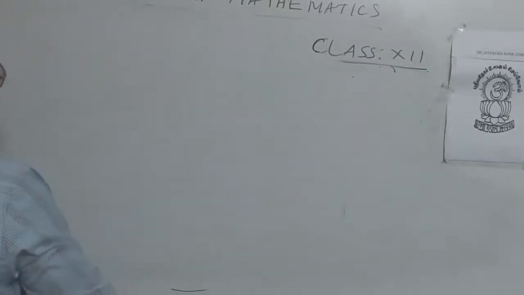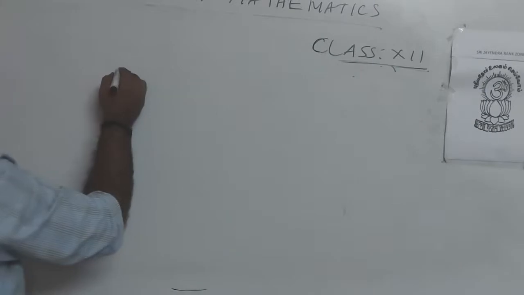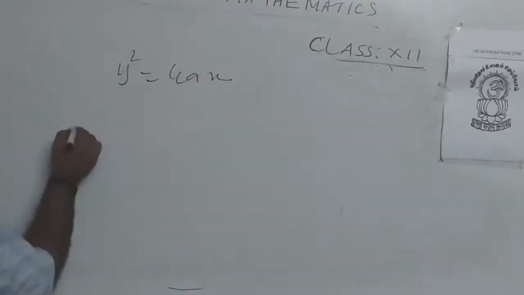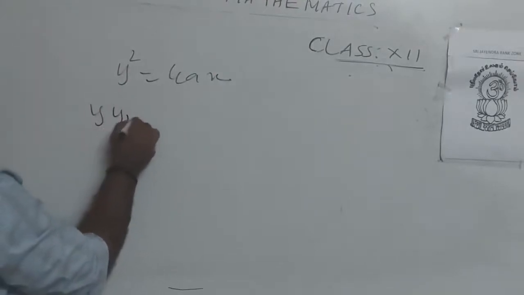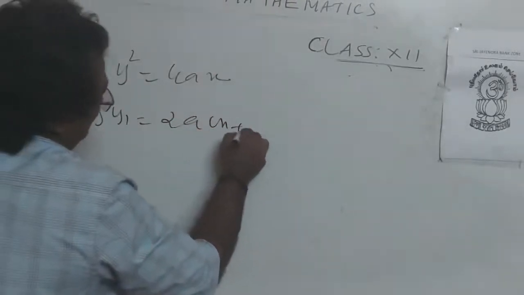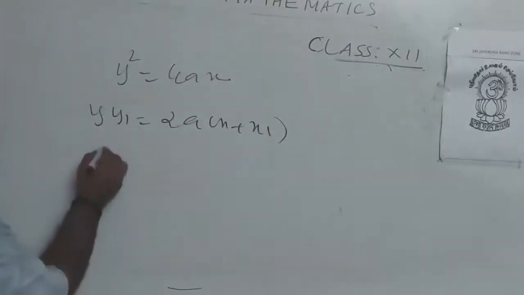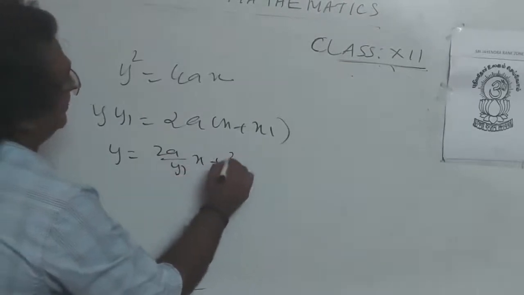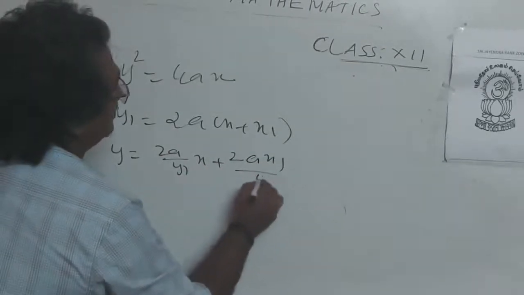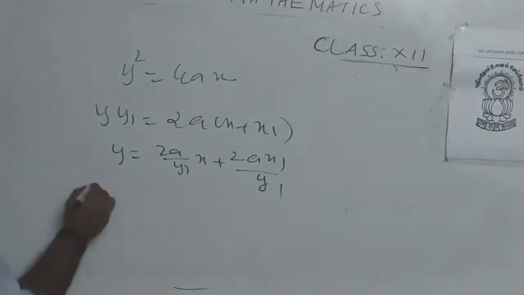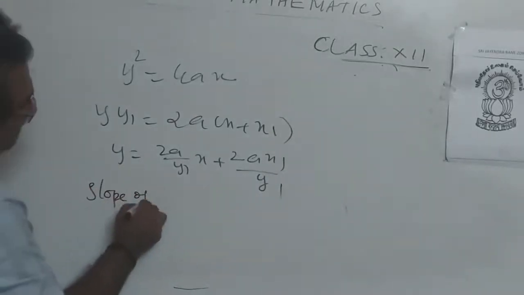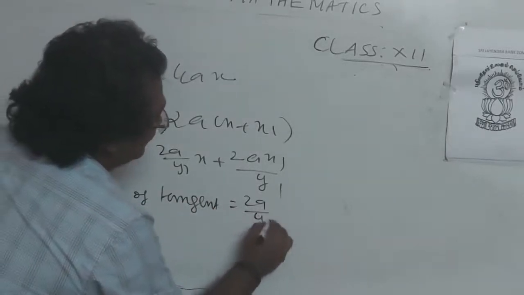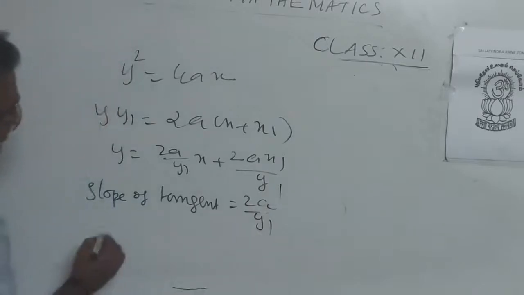So in the next session we are going to see about normals. We know the equation of tangent. Consider the parabola y squared equal to 4ax. Tangent at (x1, y1): y y1 equal to 2a into x plus x1, y equal to 2a by y1 into x plus 2a x1 by y1. Slope of tangent is 2a by y1.